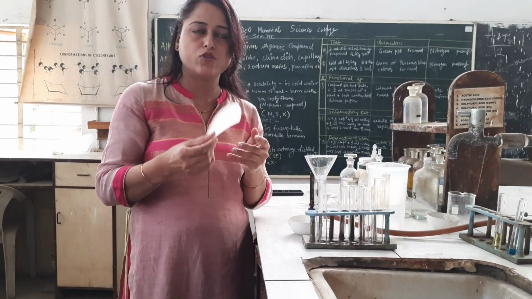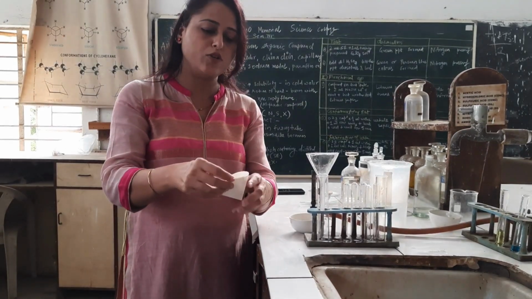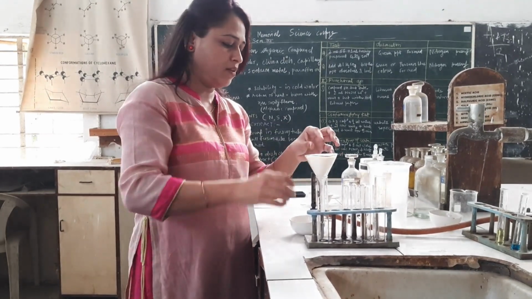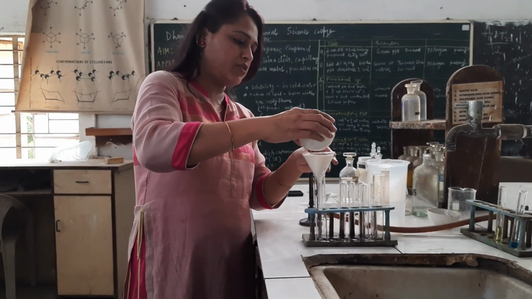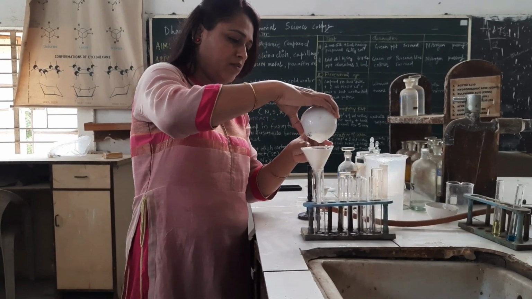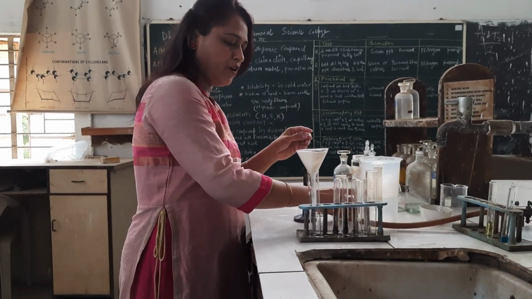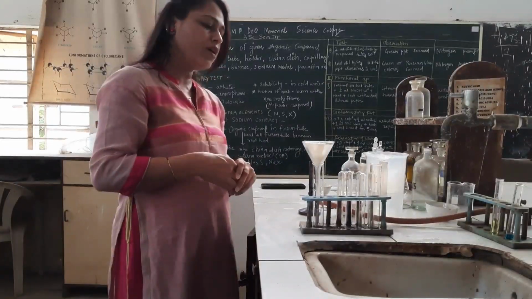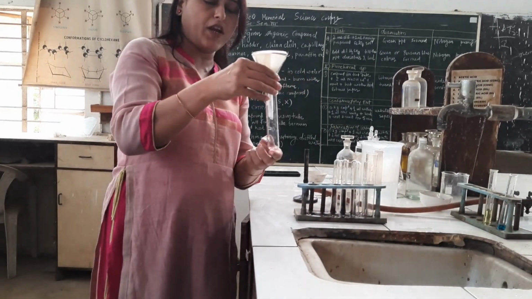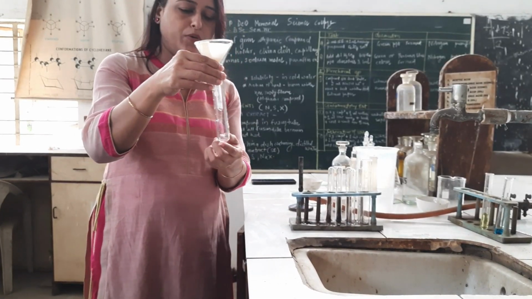For that, take Whatman filter paper, make a cone of this in order to place it in the funnel, and then add your sodium extract solution, and you will get the pure filtrate. Now this is our pure sodium extract, which we have prepared from our organic compound.